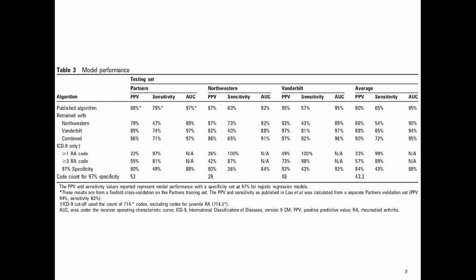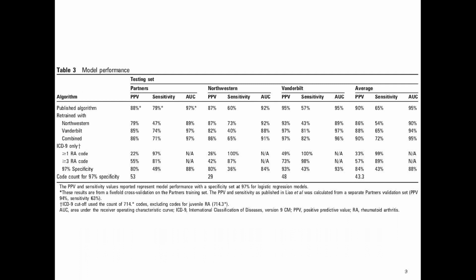The technical reason is described here: the PPV is estimated from a 5-fold cross-validation of the data, whereas in our study, we had a held-out data set from which we were calculating the positive predictive value. So it's a different analysis. It's not that we made some arithmetic mistake.